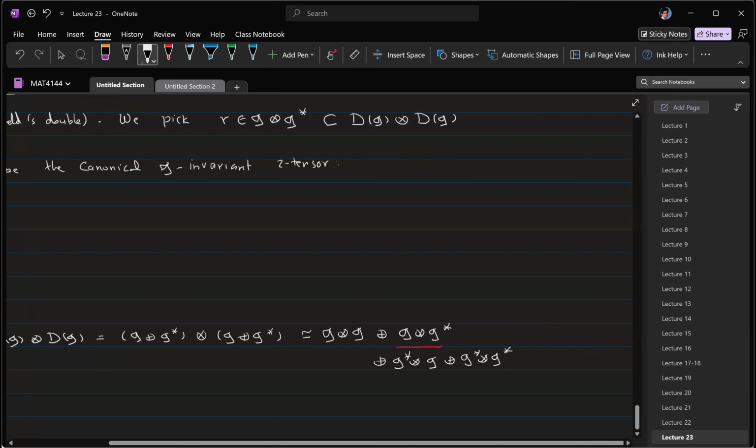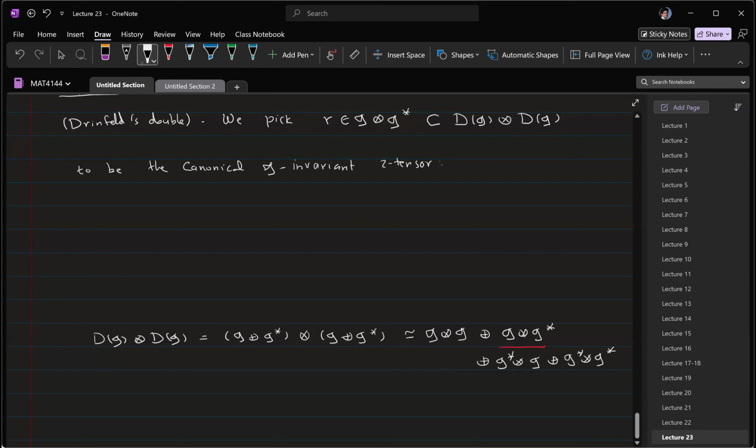From basic linear algebra, we know that for any vector space V, V star tensor V is isomorphic to the endomorphisms of V, the matrix space. That's just by taking a pair of a linear functional tensor with V to this operator that maps W to, you should be able to tell me what it is.